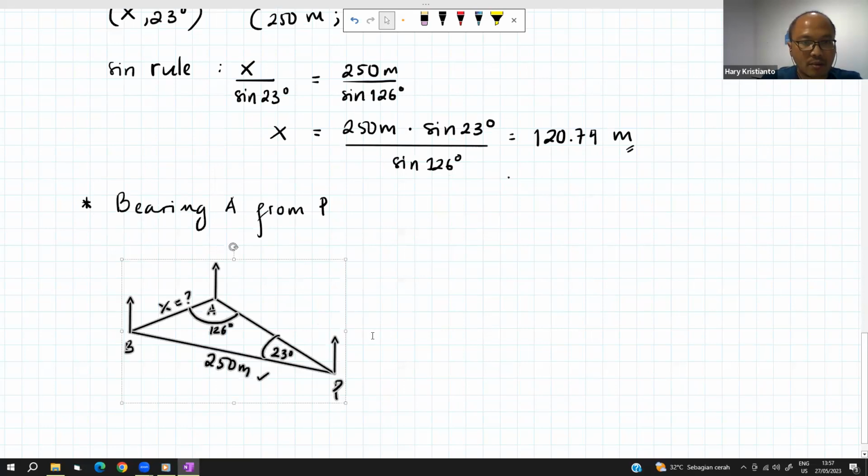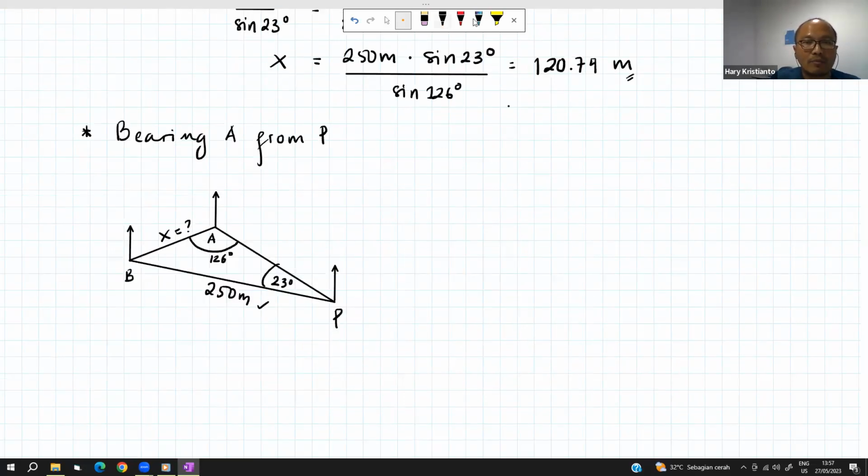Okay, the bearing A from P means P is the reference point. P is the reference.